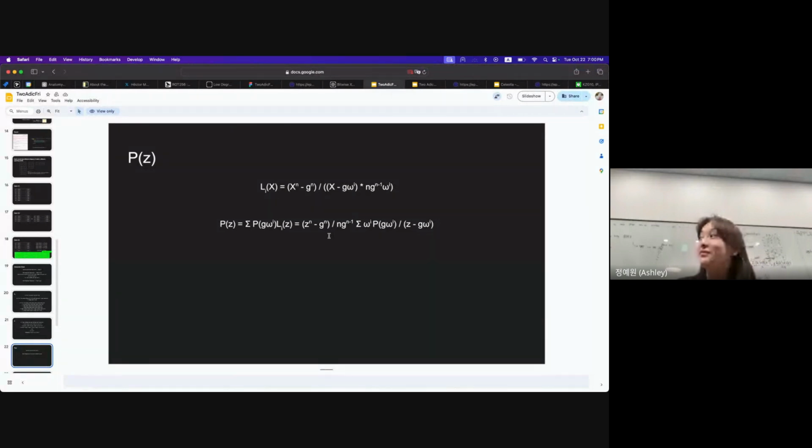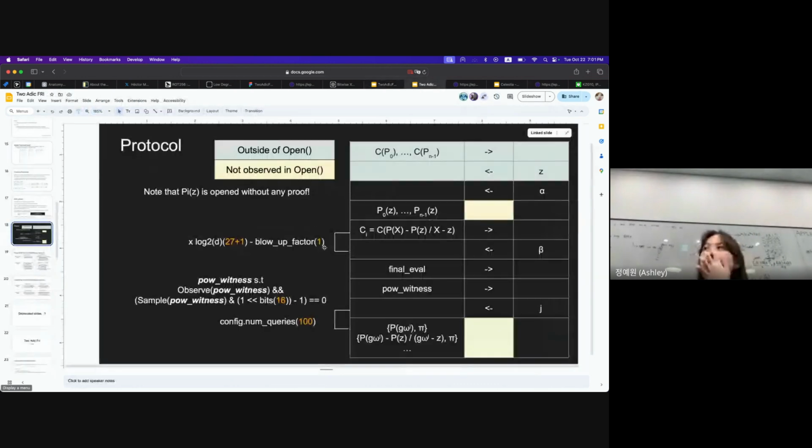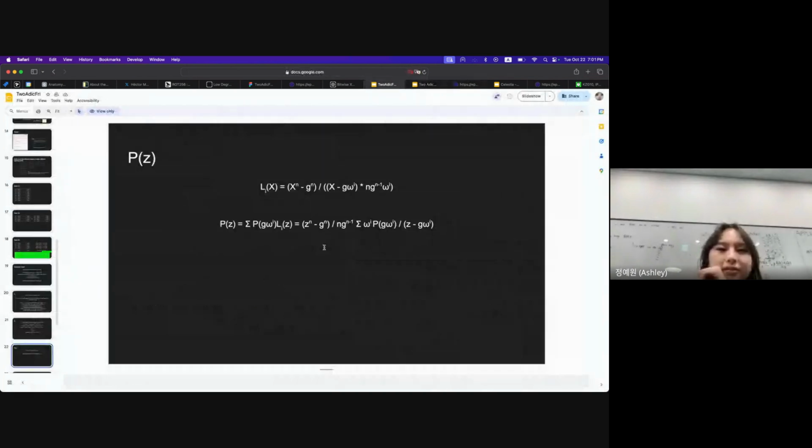From the verifier's perspective, in order to ensure that PZ is that value, they need to verify some Merkle proof in the last section of the proof, the further coordinates. And from the prover's perspective, they need to prove that PC is actually the evaluation of P at C.